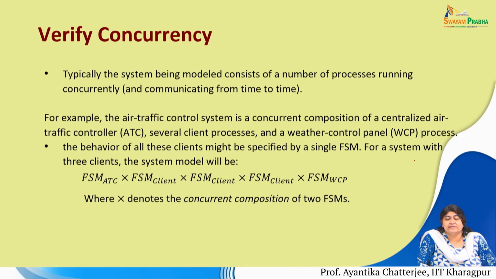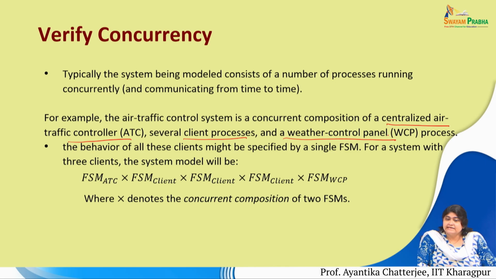Similarly, here is one example of concurrency. This concurrent system is the example of a centralized air traffic controller, which has multiple clients, multiple client processes and some WCP or weather control panel.